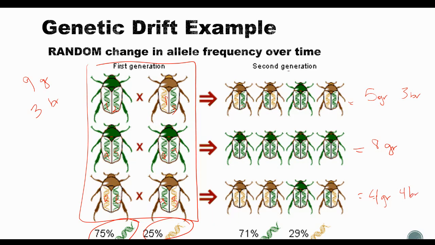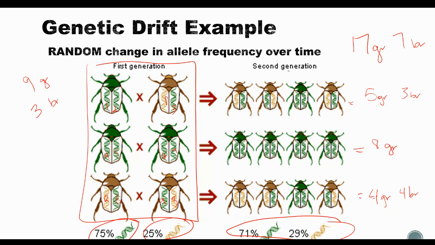So total, we would have 17 green and 7 brown. And working out that math, our population has shifted a little bit. We are now 71% green alleles and 29% brown alleles. So we are getting more brown alleles over time.